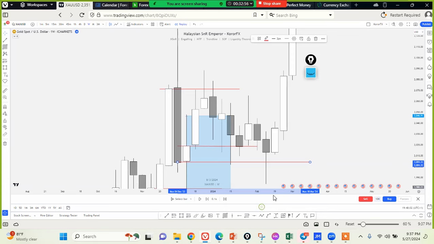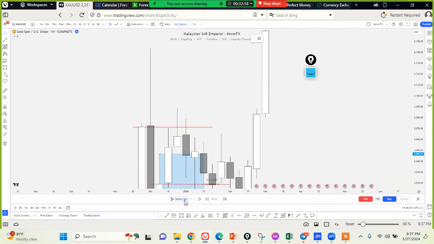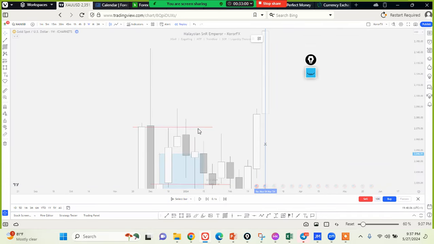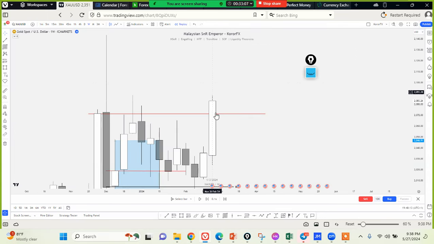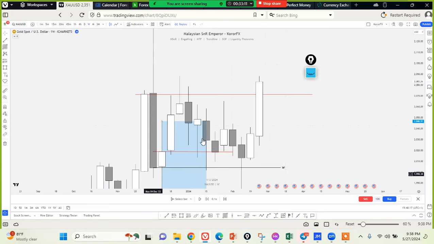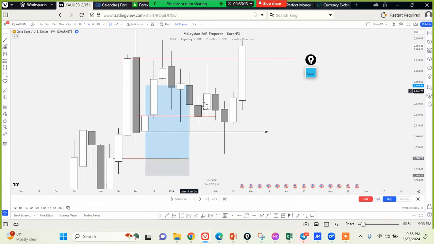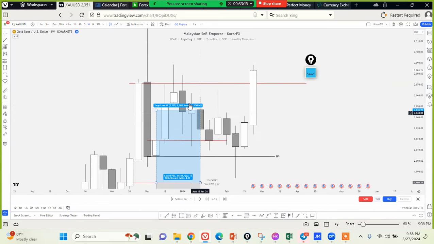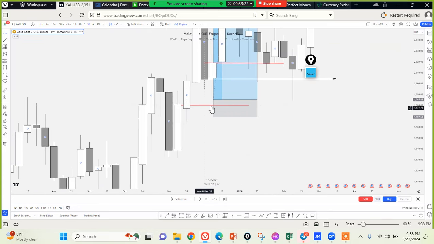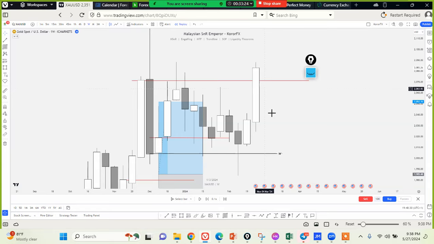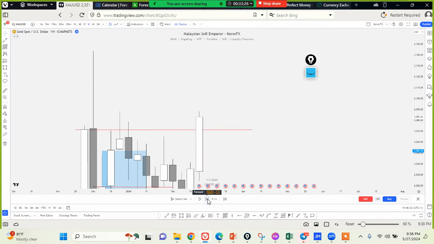If price breaks here, this was the active weekly SNR. If price breaks above this SNR with a candle closure, that means the storyline is still continuing. You can see that this was road blocking because it was struggling to reject this level on a weekly. So the storyline that started from the weekly SNR still continues.